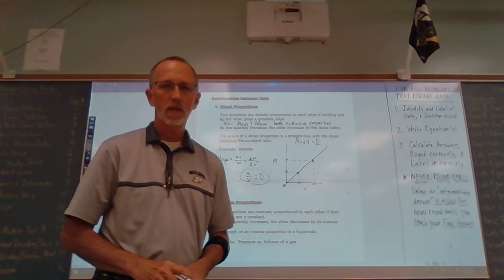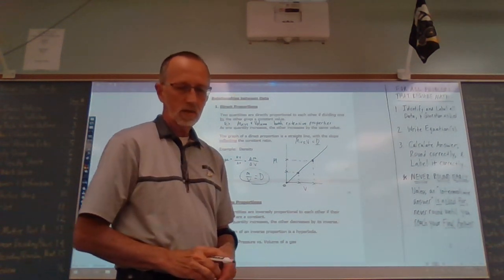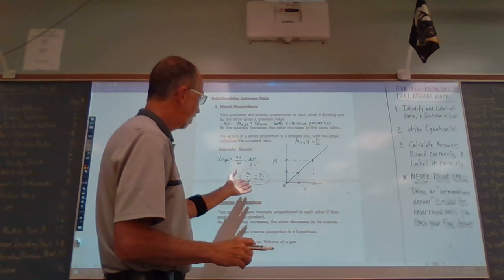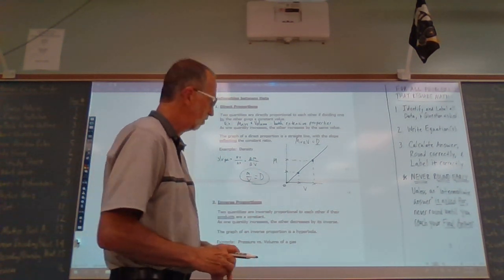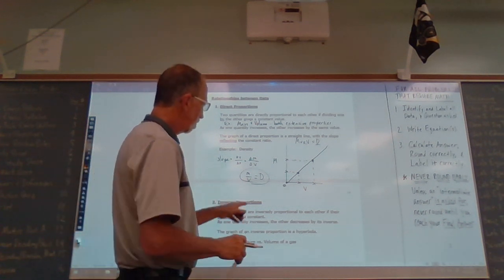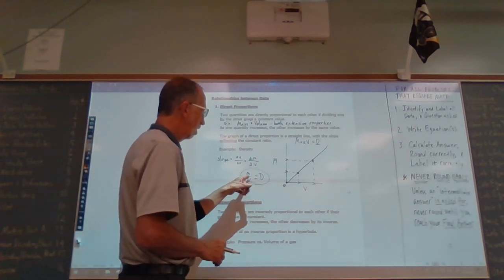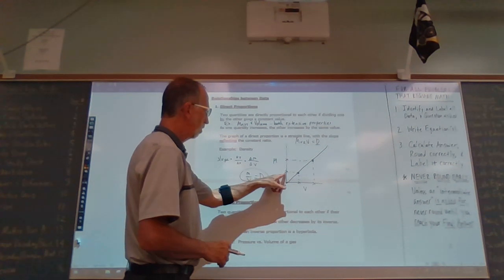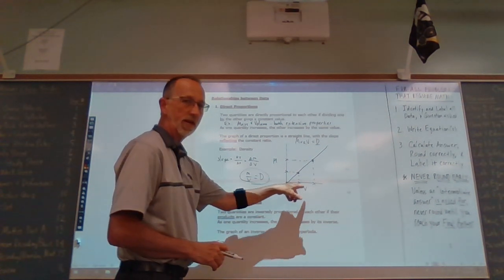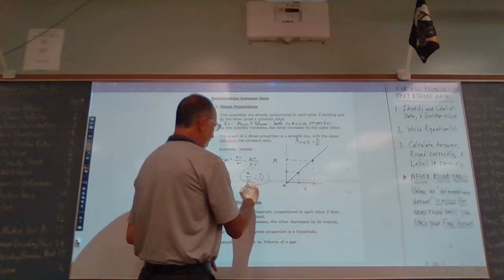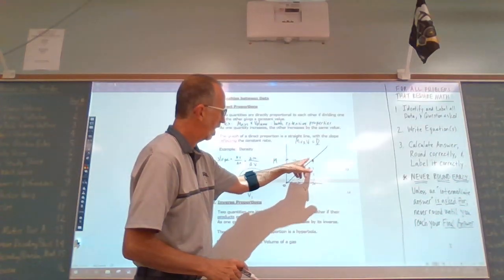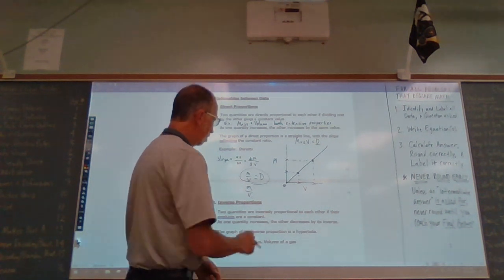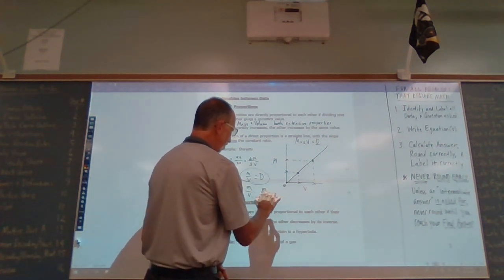And if we rearrange this, M1 and V1 and M2 and V2, the density of the substance at point 1 here is M1 over V1, and the density at point 2 is M2 over V2.